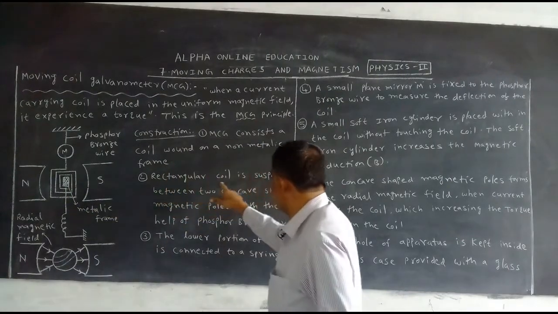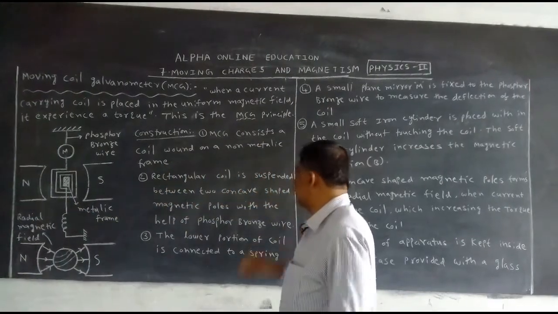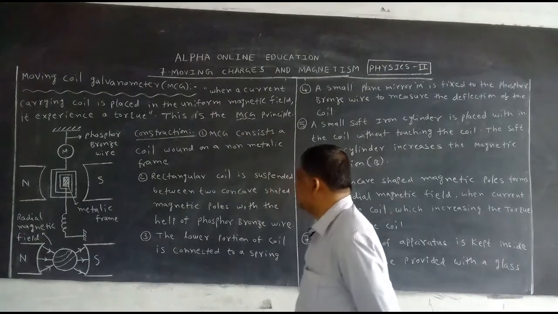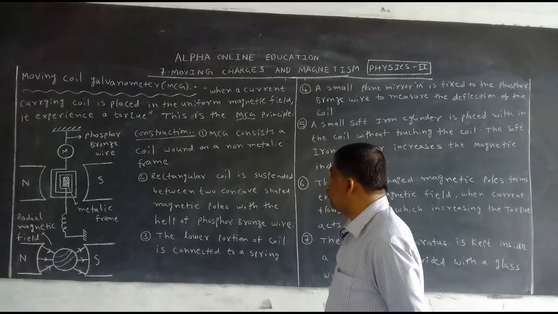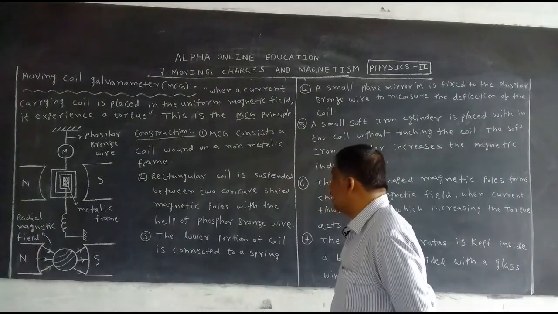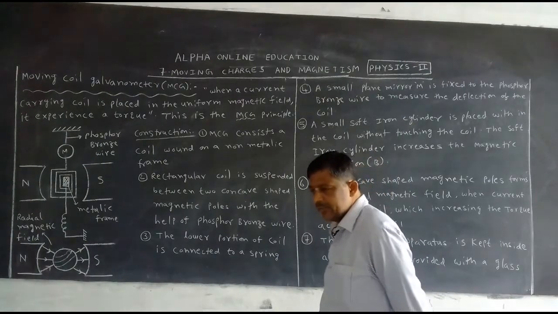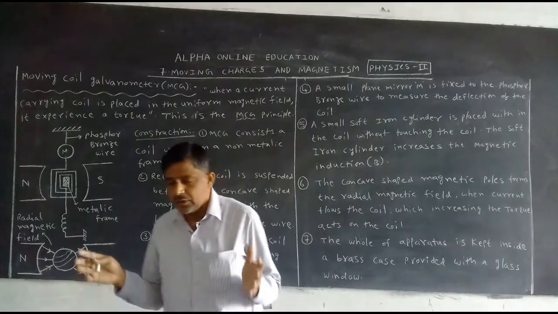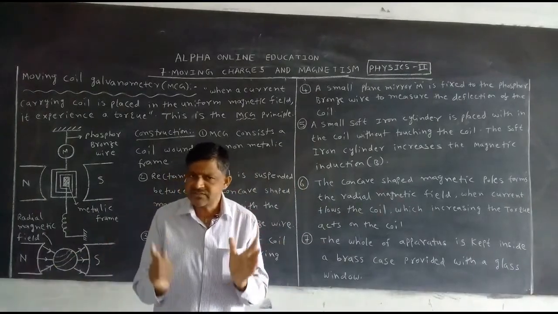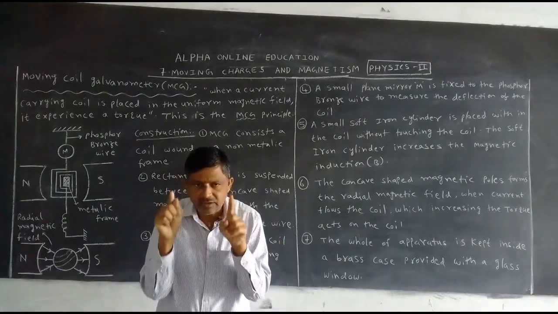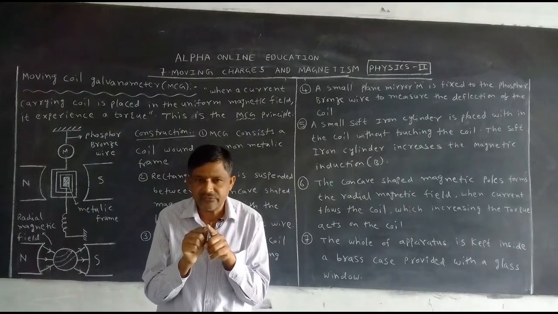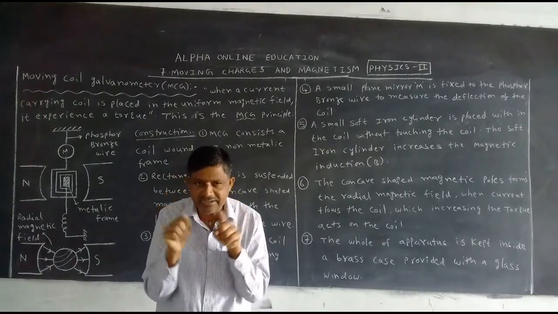So, the rectangular coil is suspended between 2 concave shaped magnetic poles with the help of a phosphor bronze wire. In MCG, first we take one non-metallic frame in rectangular shape.